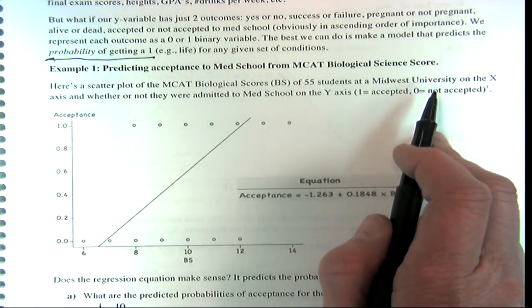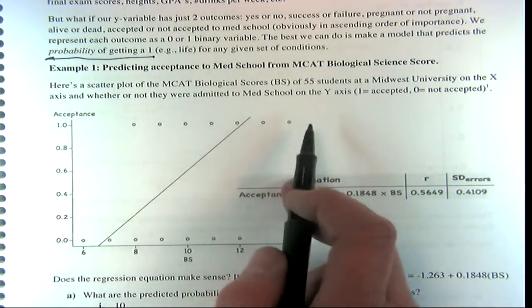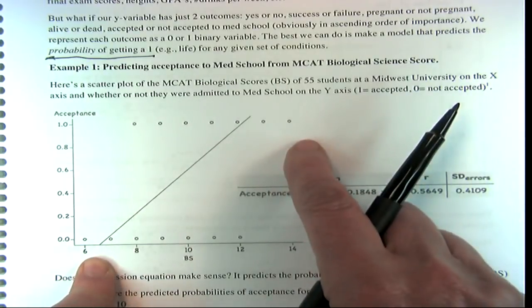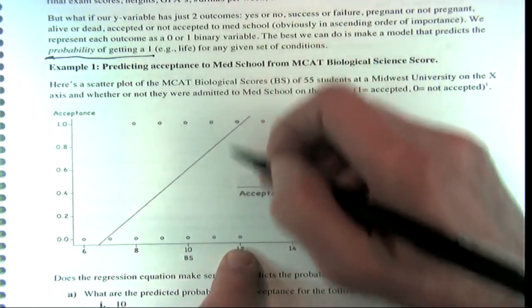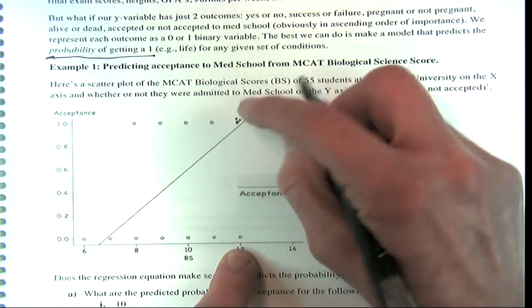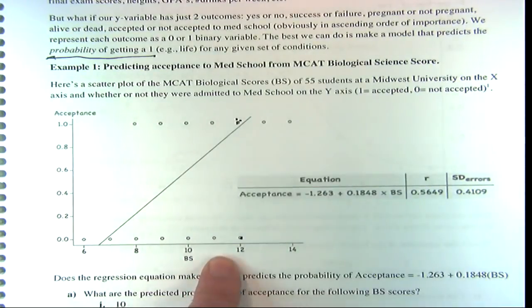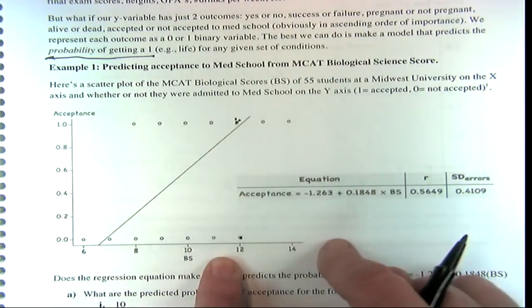They either got accepted, in which case there's a 1 here. You can't see them all because, for example, right here, there were 4 people who got a 12, and 3 all got accepted, and 1 that didn't. We can look at our data program and you can see the 55 people better.